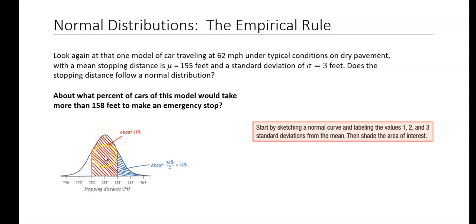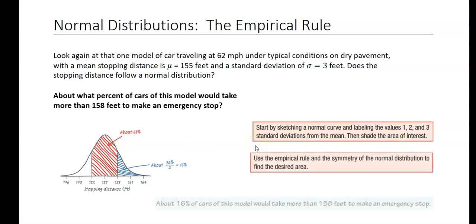So to the right of the 50% point is 50%. And then 34% is within one standard deviation below there. So I just did 50 plus 34 to get the answer of 84%. So about 84% would take more than 158.